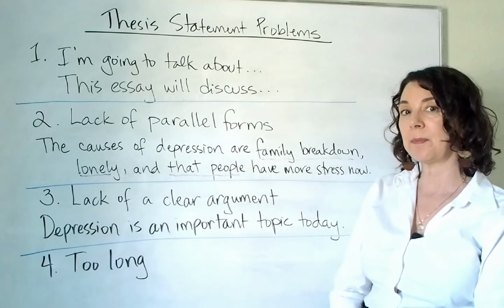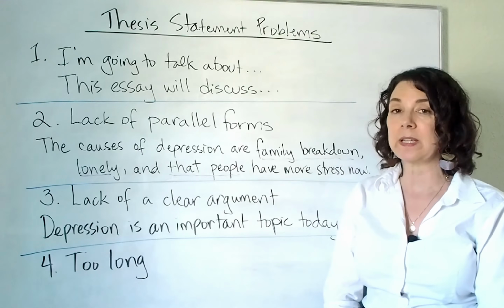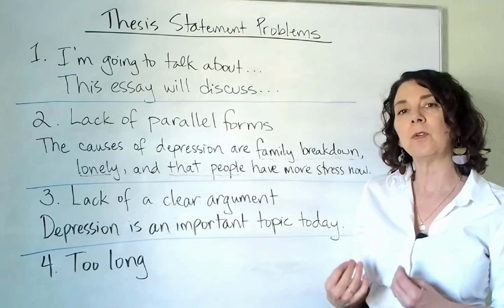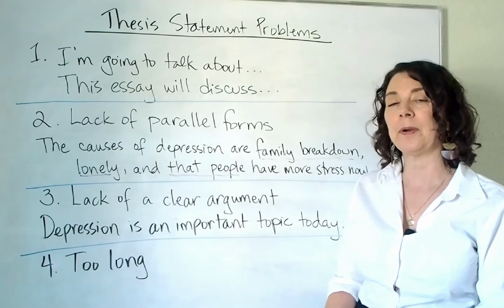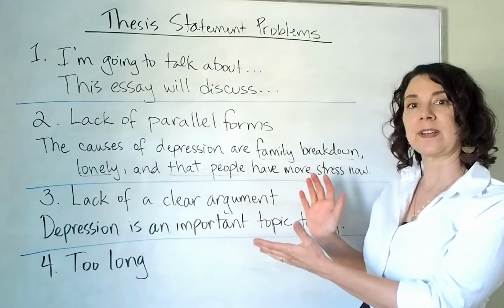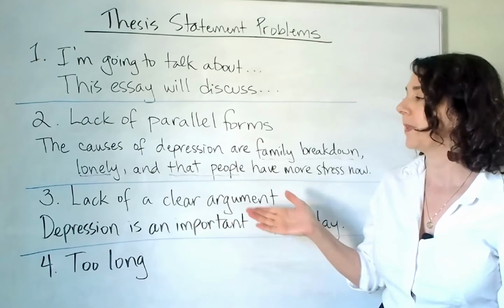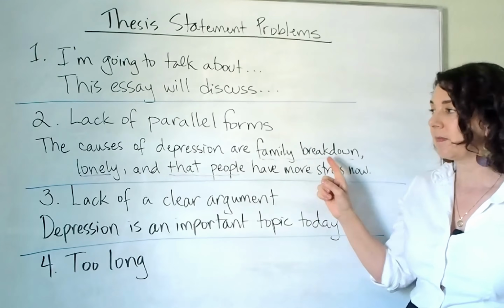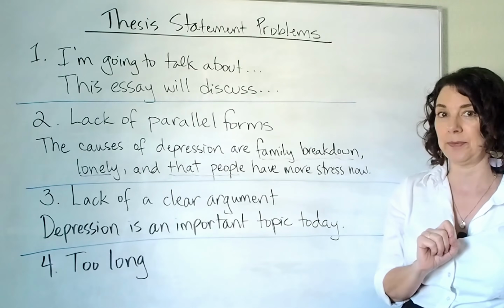Okay, moving on to number 2, lack of parallel forms. This is an especially common problem for people who are learning English because they don't quite have enough control of vocabulary or grammar to create a longer sentence with correct forms. So let's see this example. The causes of depression are family breakdown, lonely, and that people have more stress now.